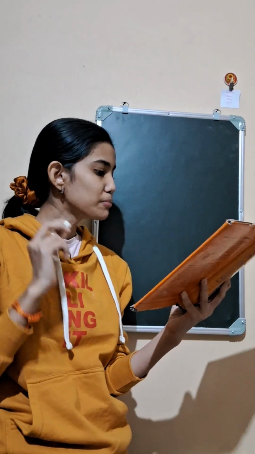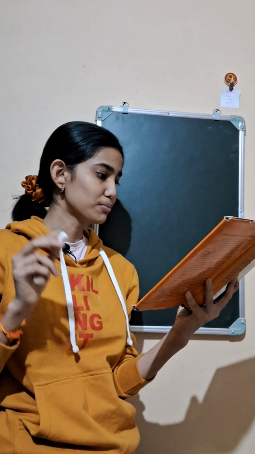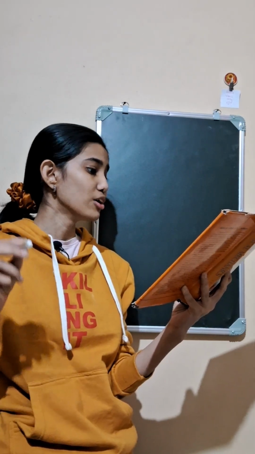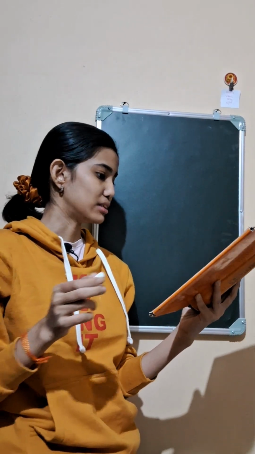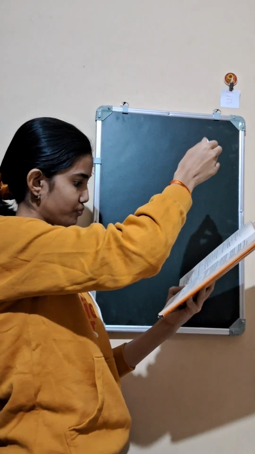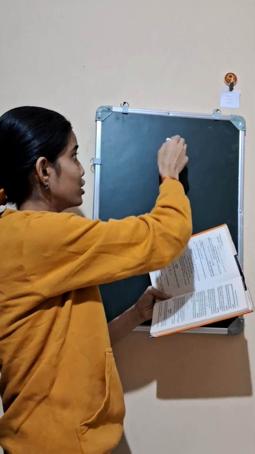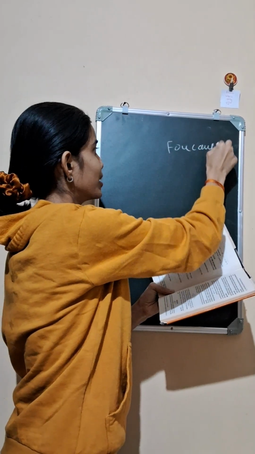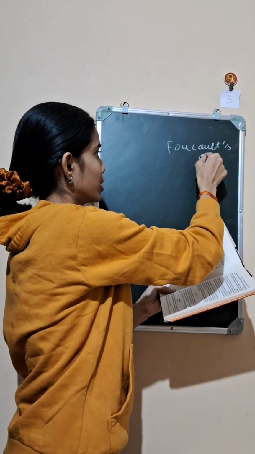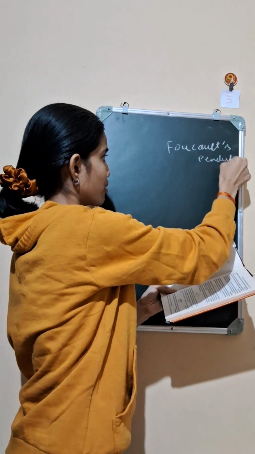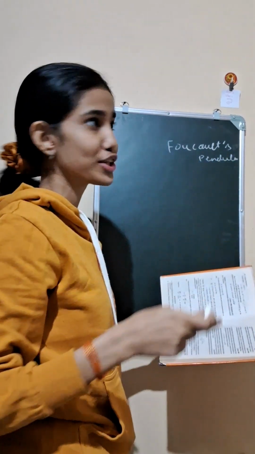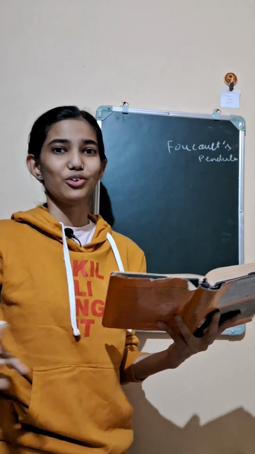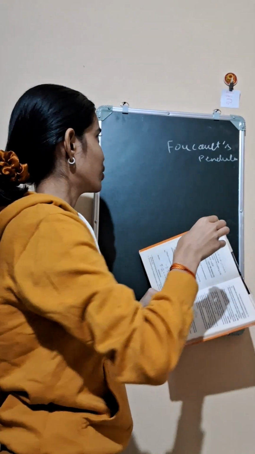So prove that the plane of oscillation of the Foucault pendulum rotates 15 degrees sin phi per hour, where phi is the latitude of the place. Actually, let me tell you, this is a French name, Foucault, so here the letters are silent, not like ours where all the letters are pronounced.